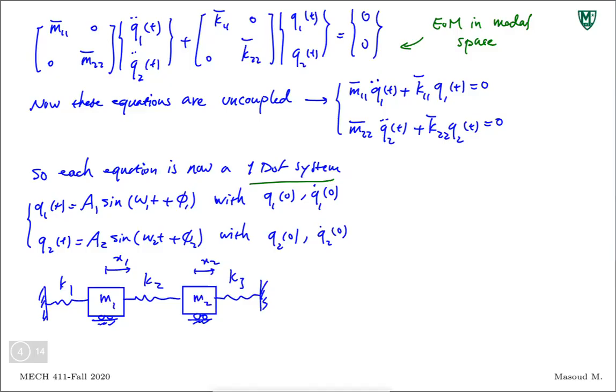Now here is what you are doing when you do modal analysis. You convert this into two single degree of freedom systems. This is the first system. The mass is M11 bar, it's a modal mass, and the stiffness is K11 bar.